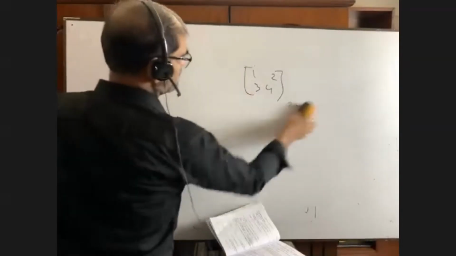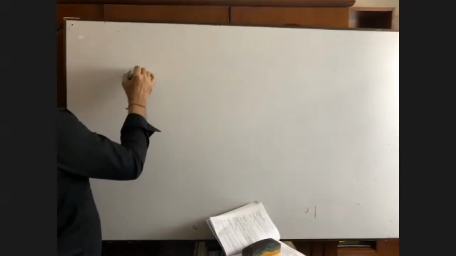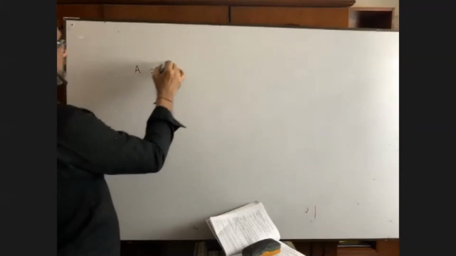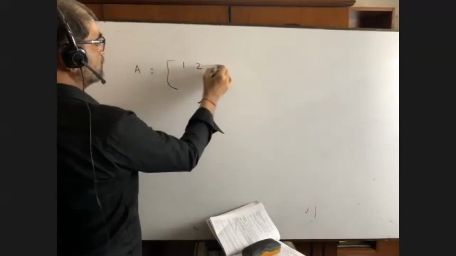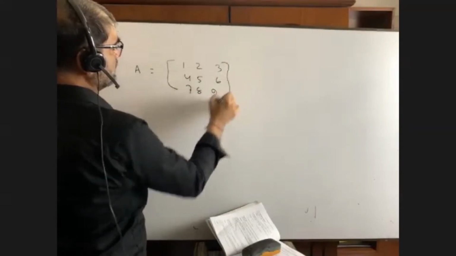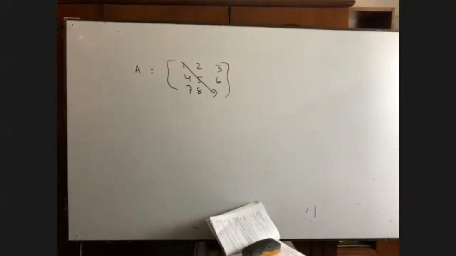I have something to say to you. Please try to understand. In this book, the definition is not clear. Suppose it is 1, 2, 3, 4, 5, 6, 7, 8, 9. Okay, this is the principal diagonal. There is no doubt. Very good.